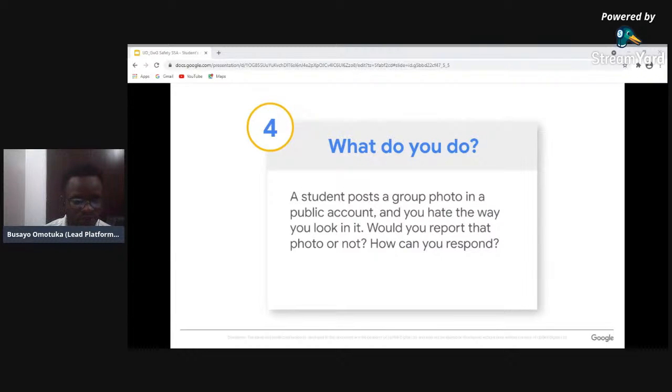This is the last scenario. A student posts a group photo in a public account and you hate the way you look in it. Would you report that photo or not? How can you respond? I mean, this is very common among students. Everybody likes to look very good, especially in a group picture, let's say a class picture.